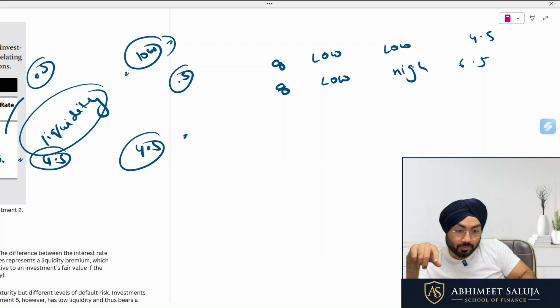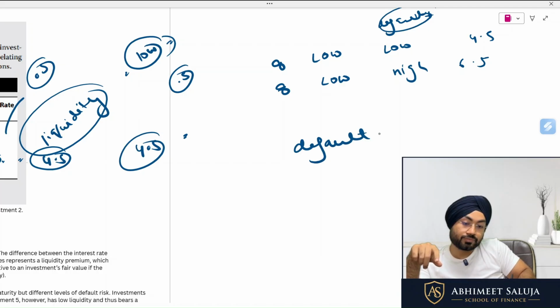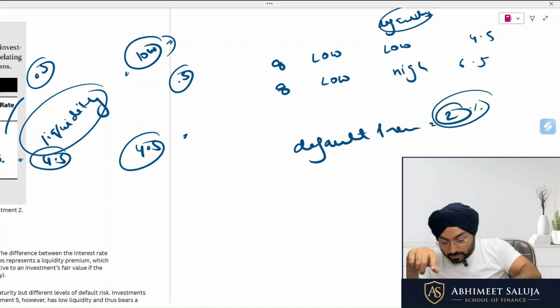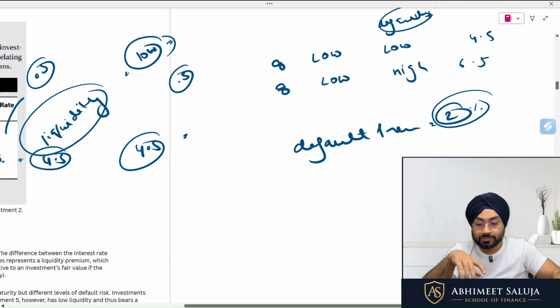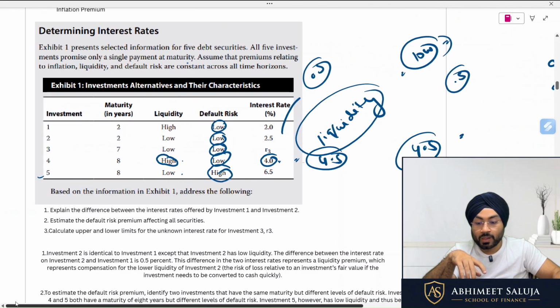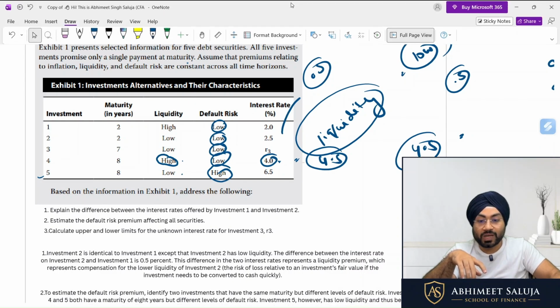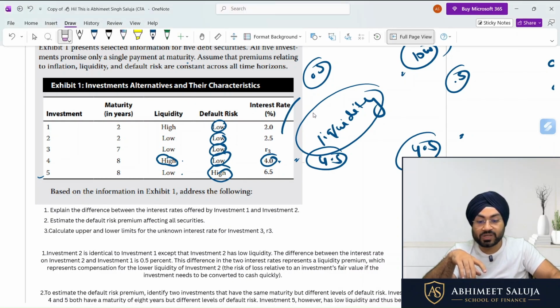So now the default premium is basically 2%. Getting my point? I have made the fourth instrument low liquidity and added 0.5 to compensate for the liquidity.